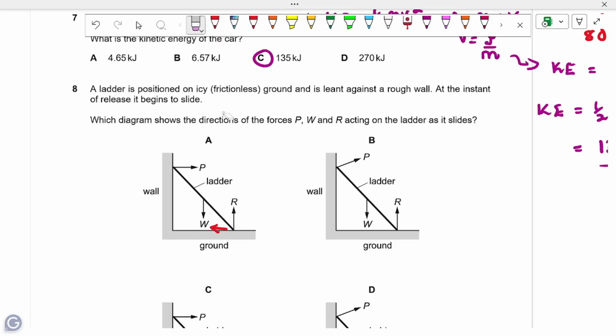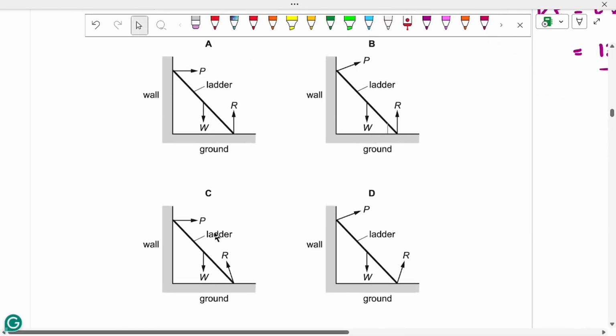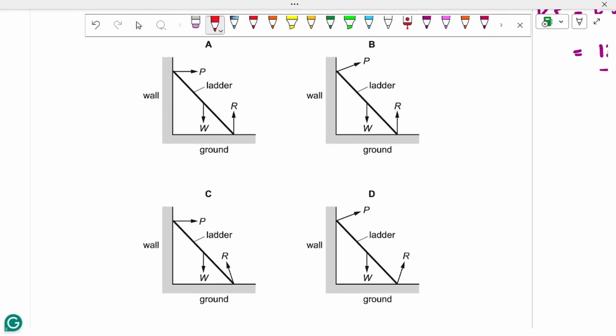So the ladder presses on the ground, it pushes the ground itself. The ground doesn't collapse because it exerts an upward force, which is R. So I know that R acts upwards in all of these diagrams. So I already know C and D are wrong because the ground is being pressed by the ladder, so it reacts with an upward force.